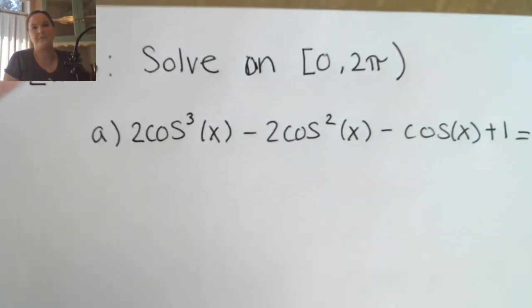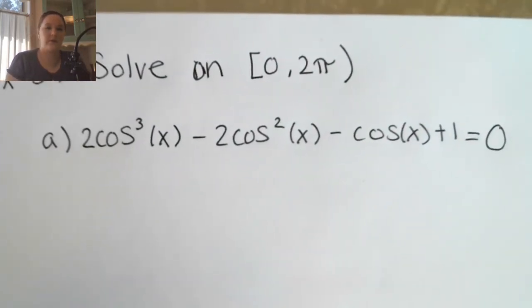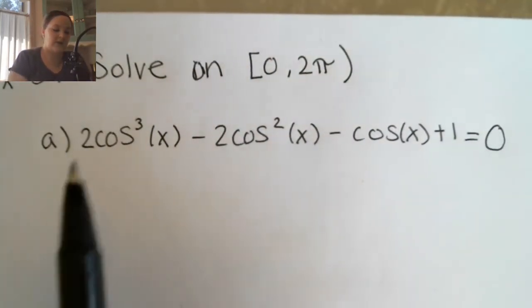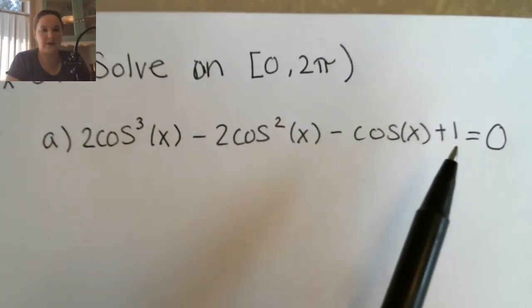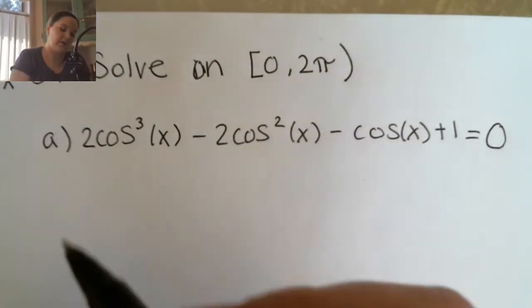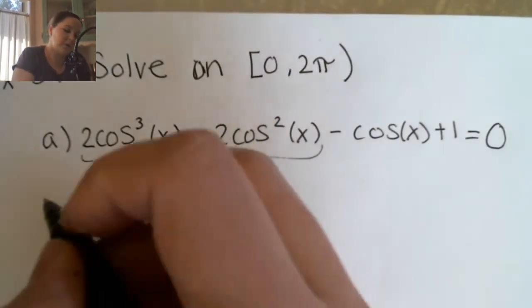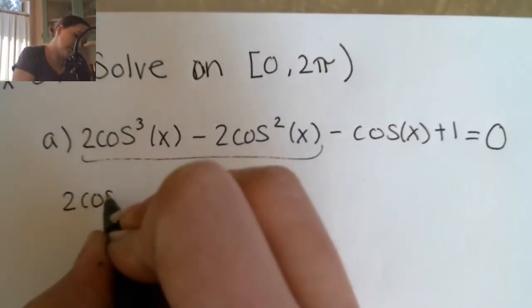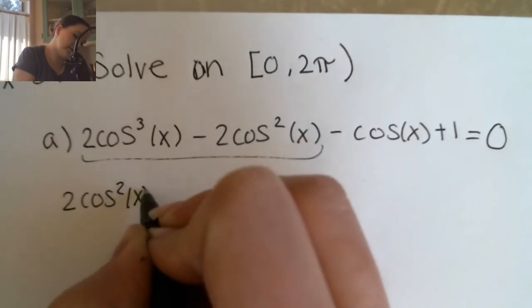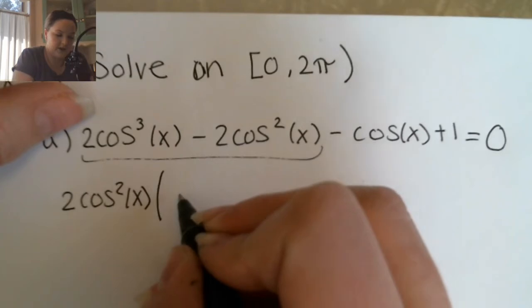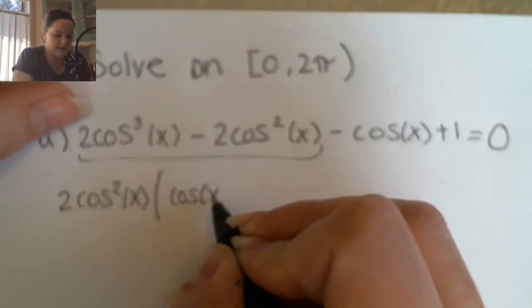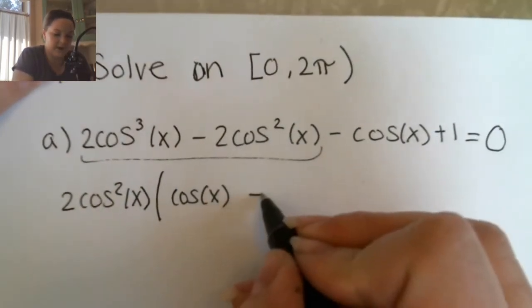So you can see this has 4 terms. The terms have no common factors, so we're going to factor by grouping. So for my first group, they have 2 cosine squared x. And then that would leave me here with cosine x and here with minus 1.